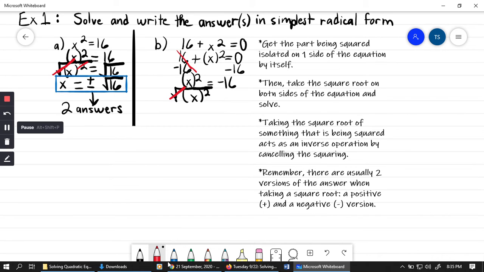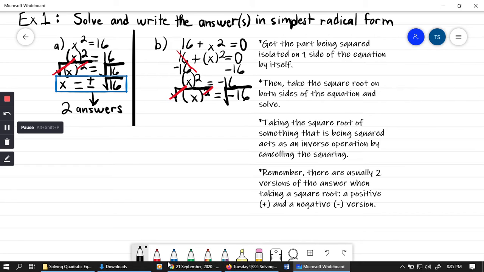It acts like an inverse operation and cancels out that squaring. We take the square root on both sides of the equal sign, because you can't just take the square root of one side. That's not going to balance your equation.